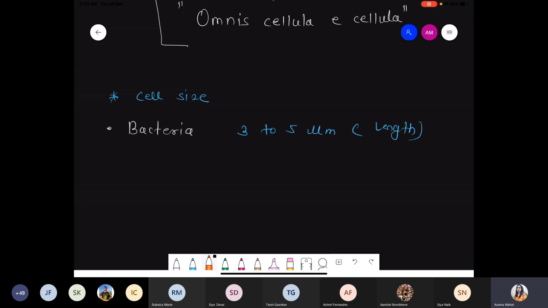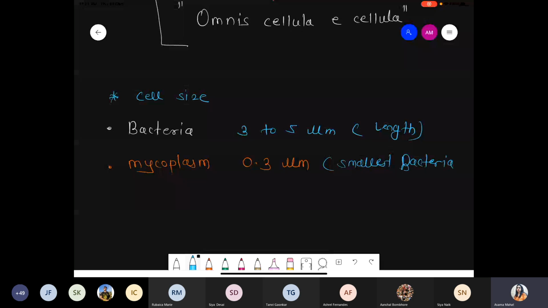But meet my favorite bacteria, Mycoplasma, also called PPLO. Mycoplasma has a size of only 0.3 micrometre, and basically it is the smallest bacteria.